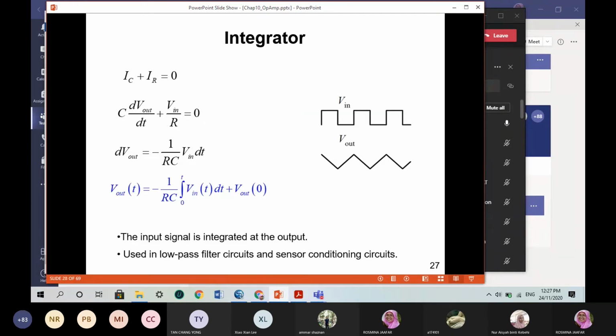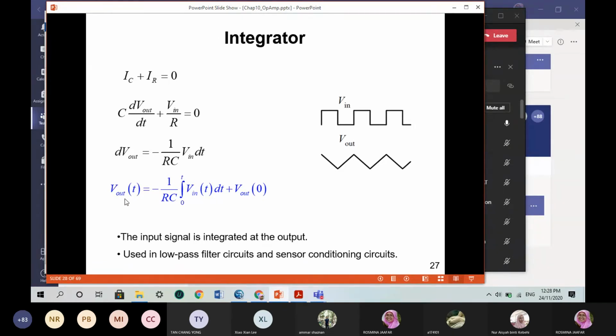Okay, you can also make an op-amp an integrator. Integrator means you add up together IC plus IR must be 0, so that C dV out over dt plus V in over R is equal to 0, and dV out is simply 1 over RC times V in dt.